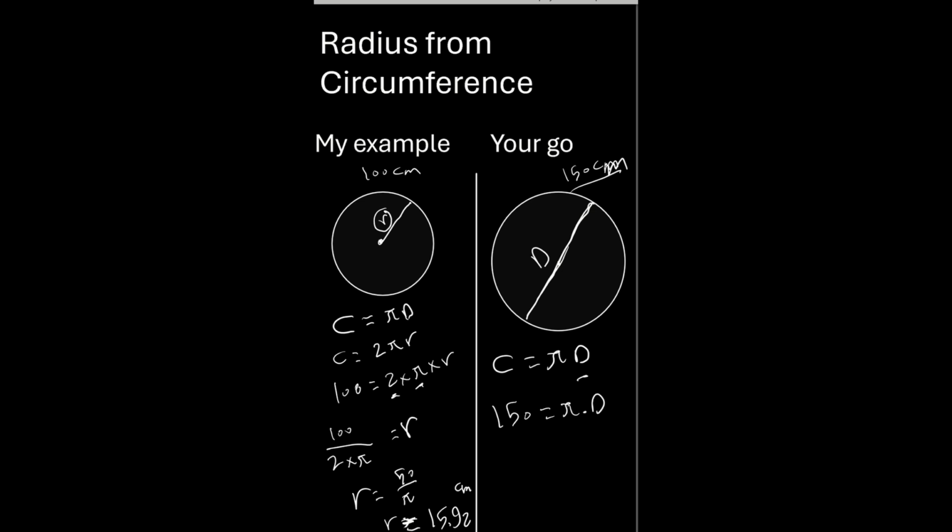What is multiplied by pi to give me the diameter? So I need to divide by pi both sides. So diameter equals 150 over pi, and that gives me 47.75 centimeters.